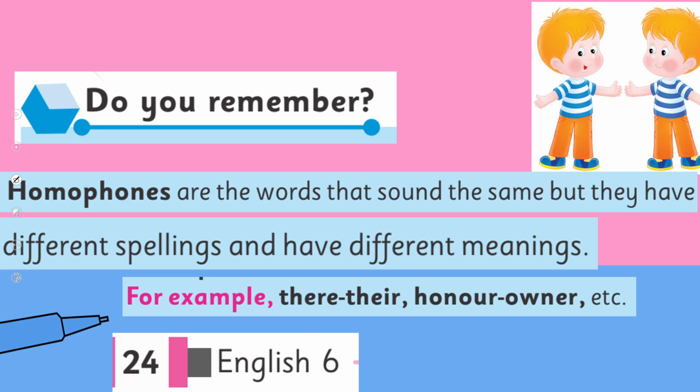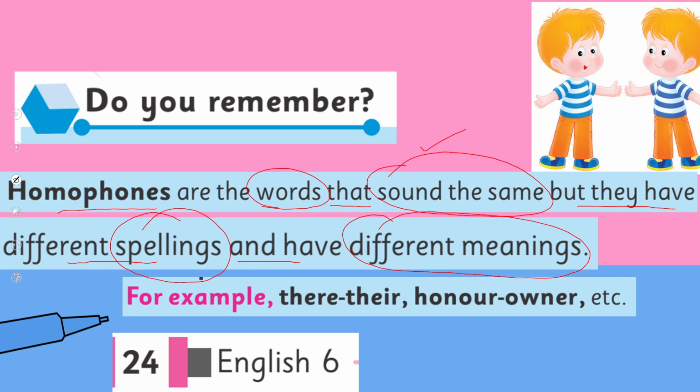Now, let's learn from your book, page 24, about homophones. Homophones are the words that sound the same. If somebody is saying these words in front of you, they sound the same, but they have different spellings and different meanings.